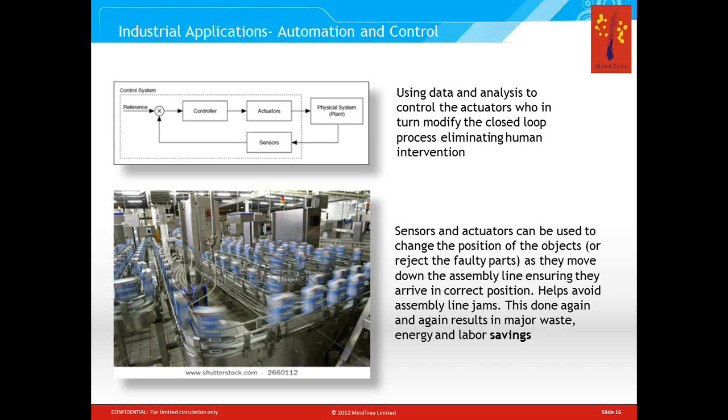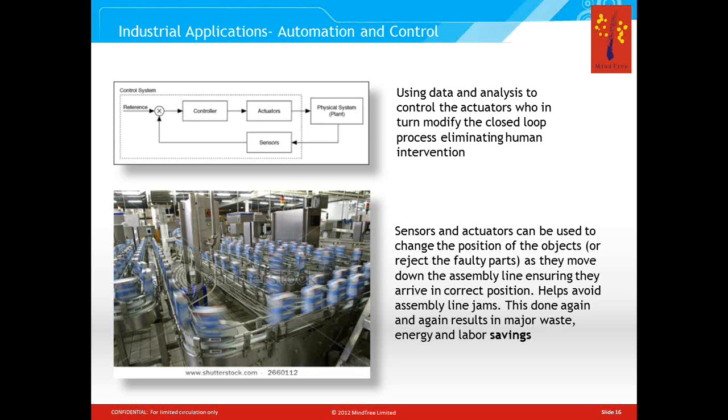For example, packaging. If there is a problem when you print on the package, you can have a video-based system that can detect even small problems in the print and reject those packages.